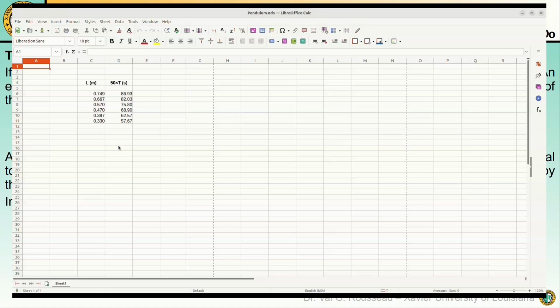Alright, what we want is the period. That is the time of a single oscillation, so let us create a third column for it, and we also want a fourth column with the square of the period.